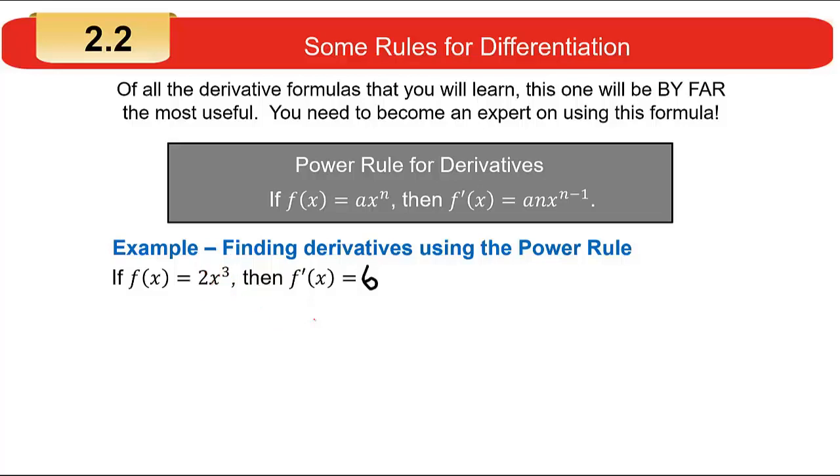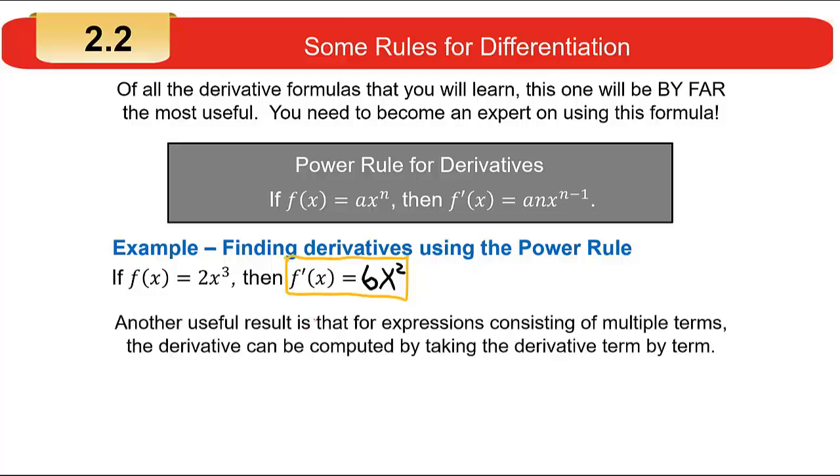And then you write down the base, which is the x, but you reduce the power by 1. So the 3 gets reduced down to a 2. And you should be able to do that in 10 seconds or less. It saves you so much work. Make the power rule your best friend because you're going to use it over and over and over again.